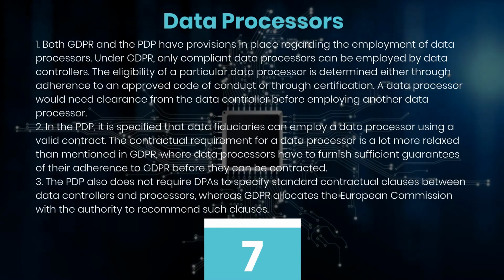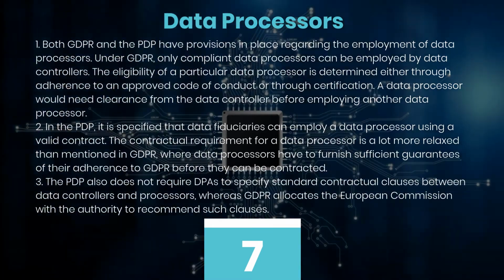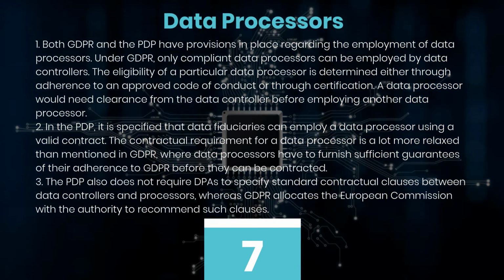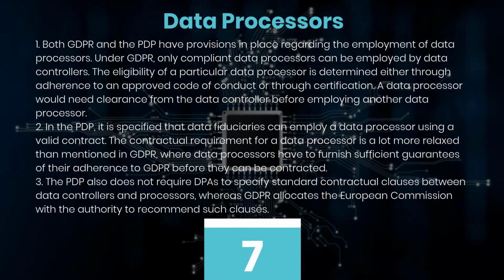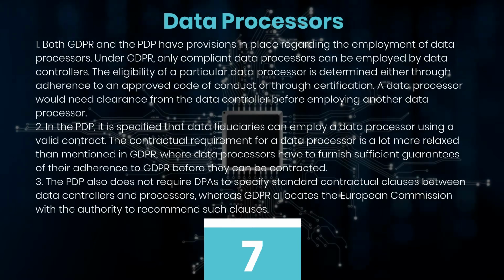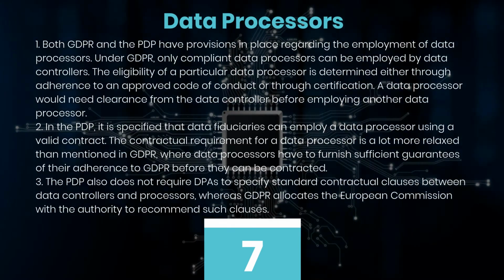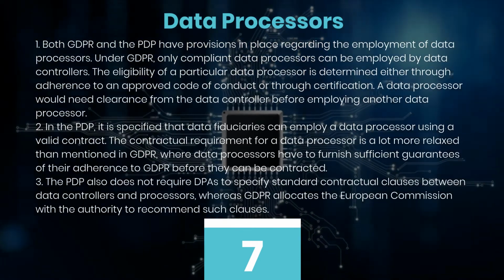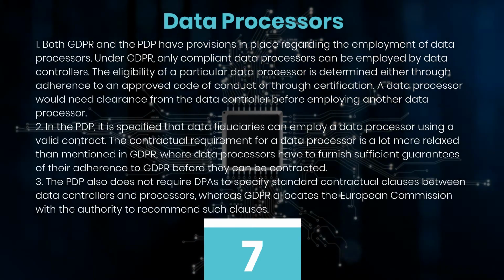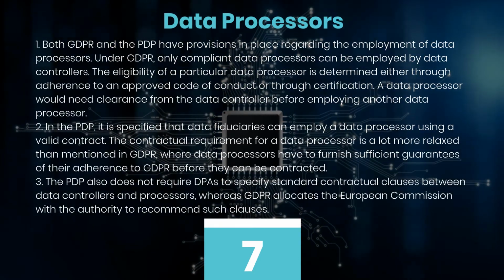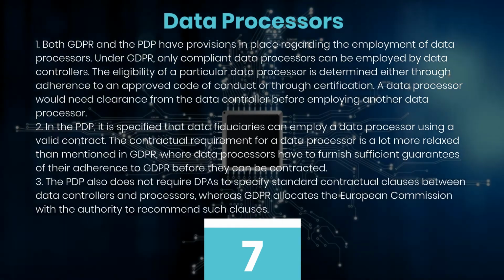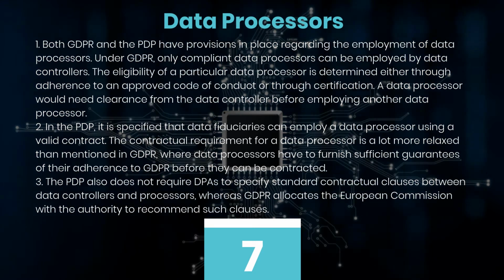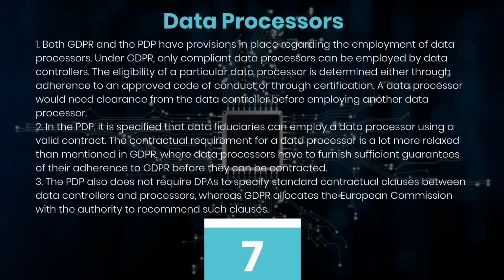In the PDP, it is specified that data fiduciaries can employ a data processor using a valid contract. The contractual requirement for a data processor is a lot more relaxed than mentioned in GDPR, where data processors have to furnish sufficient guarantees of their adherence to GDPR before they can be contracted. The PDP also does not require DPAs to specify standard contractual clauses between data controllers and processors, whereas GDPR allocates the European Commission with the authority to recommend such clauses.